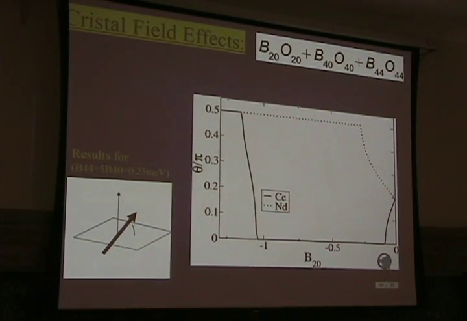But that's explained. The cerium has a tendency to order in the plane by the tetragonal symmetry, when you turn on B20. Only when you keep increasing B20 does it eventually go along the c-axis. So you have a region where, even being more susceptible along the c-axis, the moments want to be in the plane, in a very simple picture.